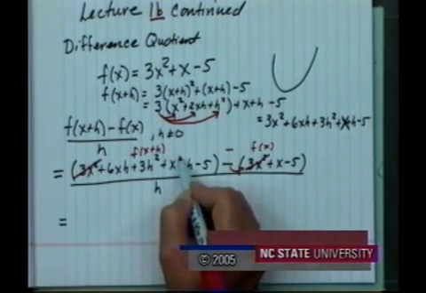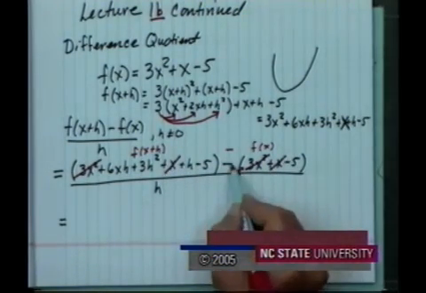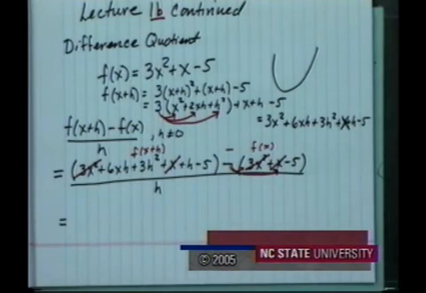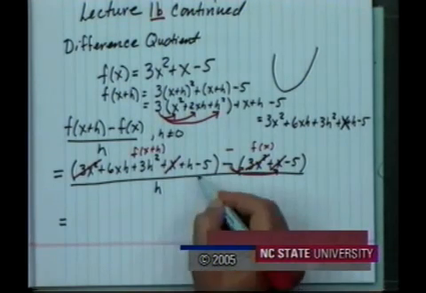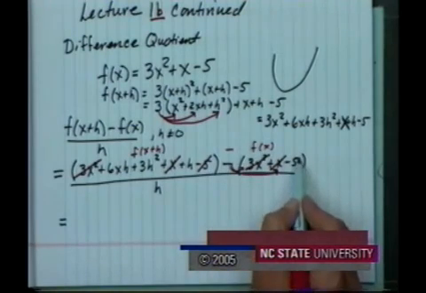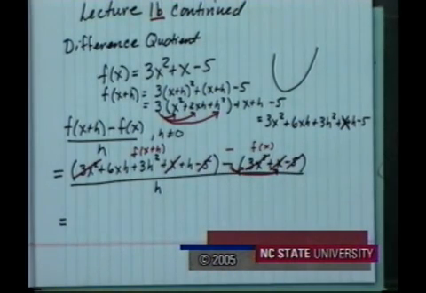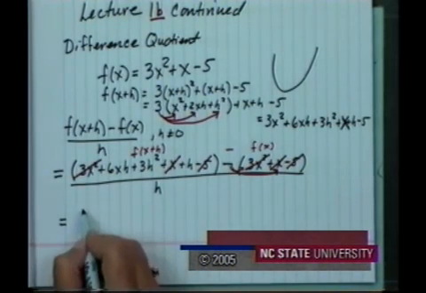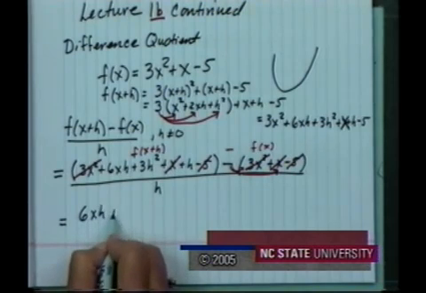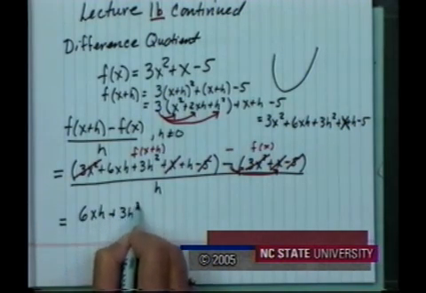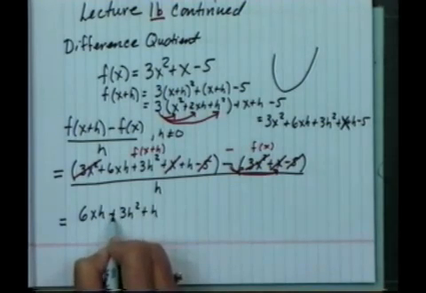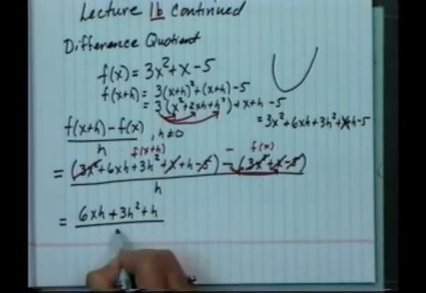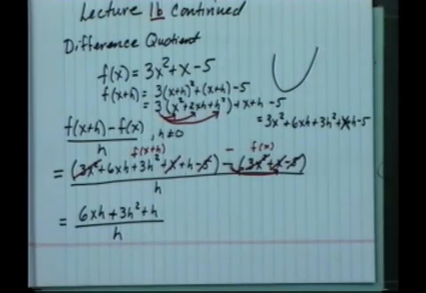The positive x with a negative x when you distribute the negative. And the negative 5 minus a negative 5 is a positive 5. Let's see what we're left with: 6xh plus 3h squared plus h, all over h.